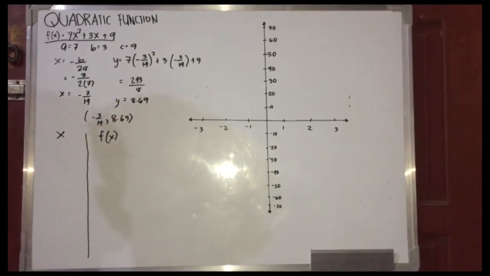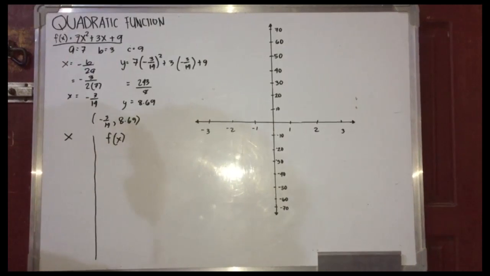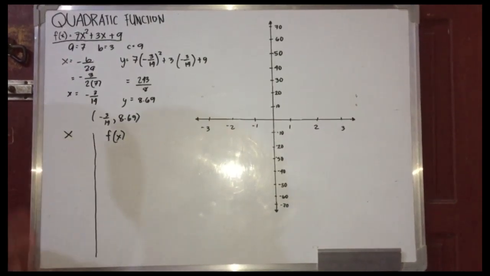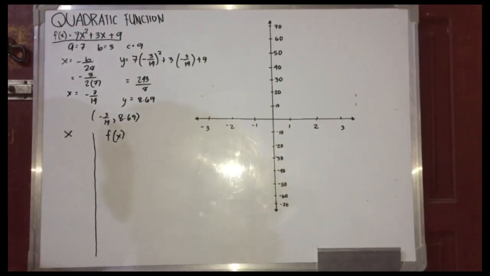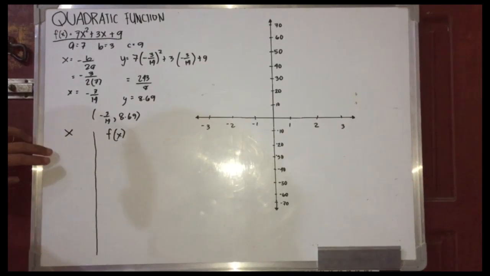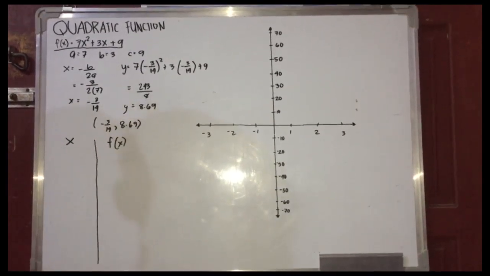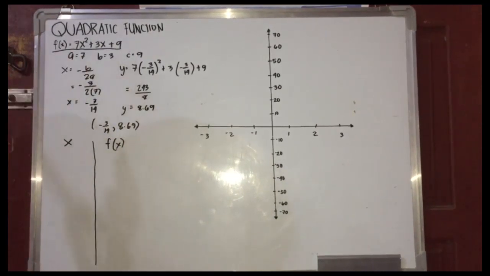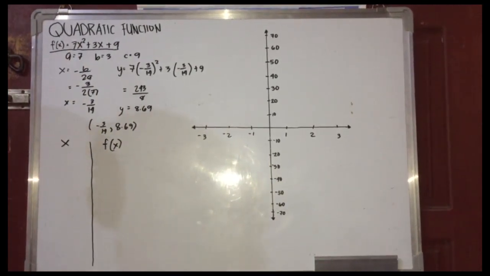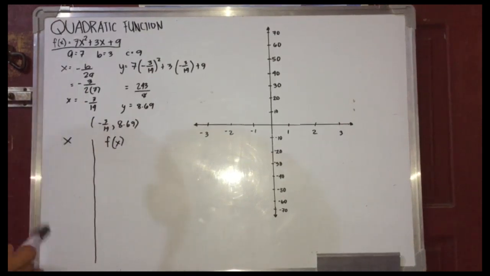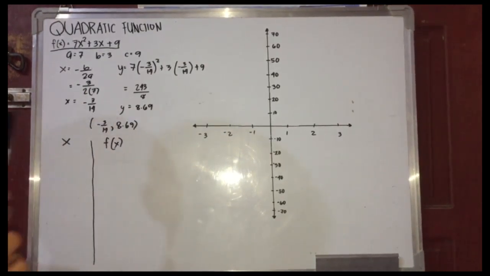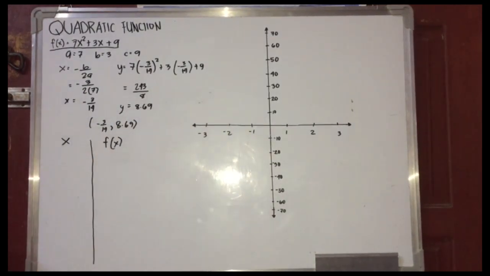So note that you have the freedom to choose what number you want to substitute for the x value to the original equation, so that you can get the f of x, or that is our y-intercept.